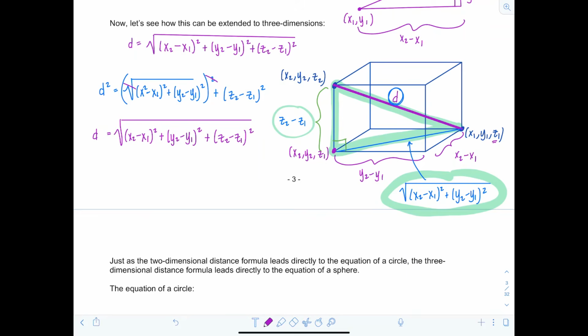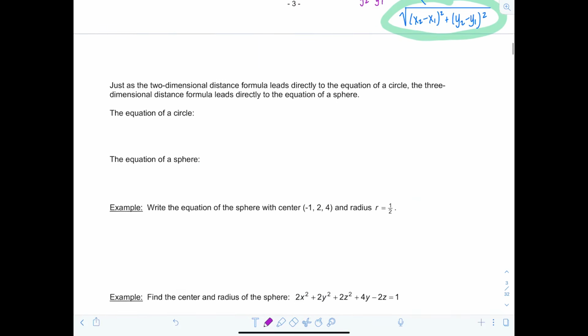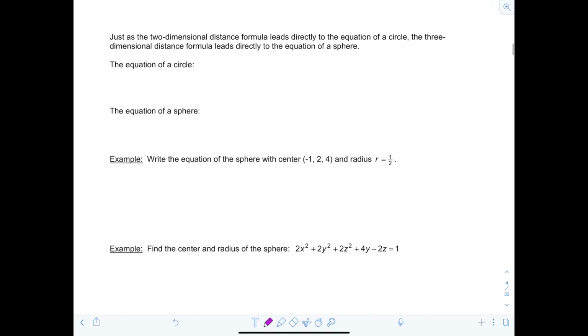Now, just as the two-dimensional distance formula led directly to the equation of a circle, if you'll remember, the three-dimensional distance formula leads directly to the equation of a sphere. So the equation of a circle, if you'll recall, whose center is at (h, k) with radius r, is given by (x − h)² + (y − k)² = r².